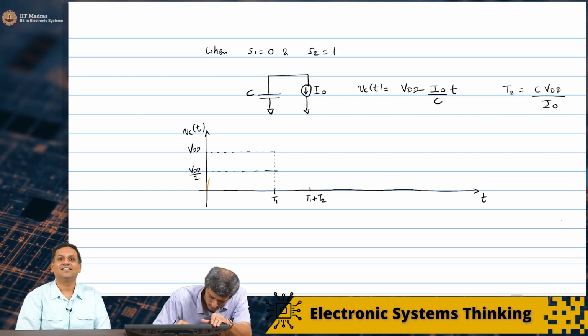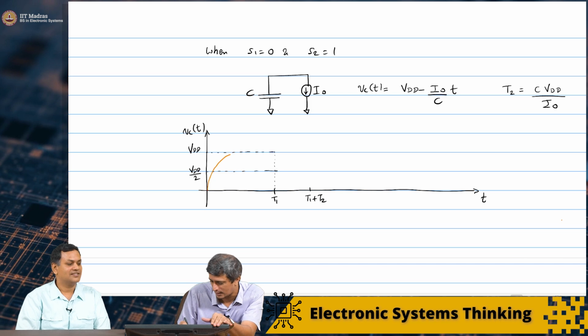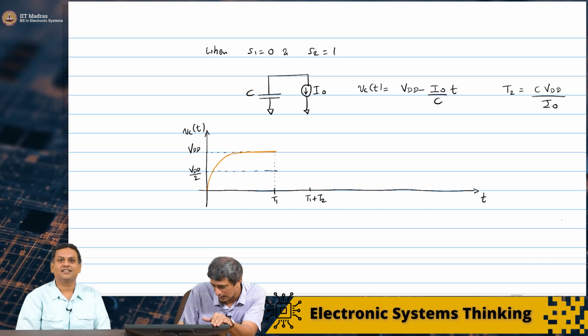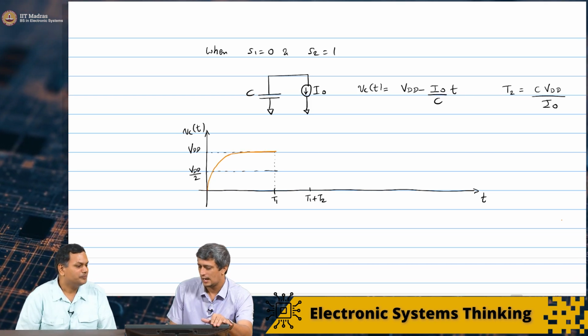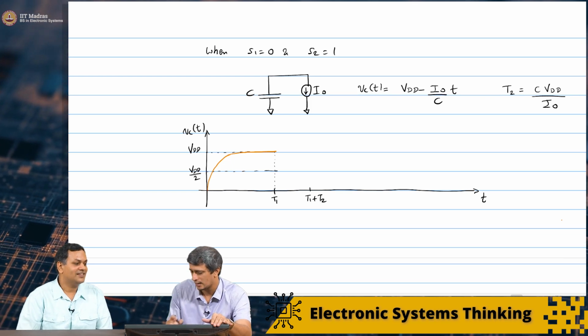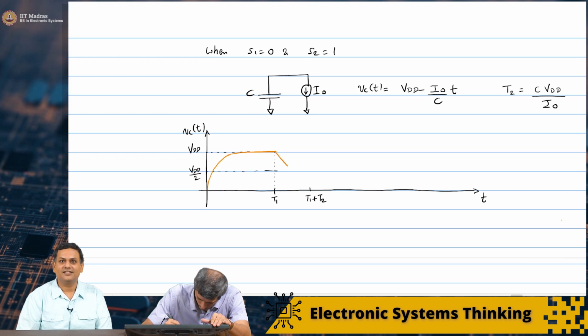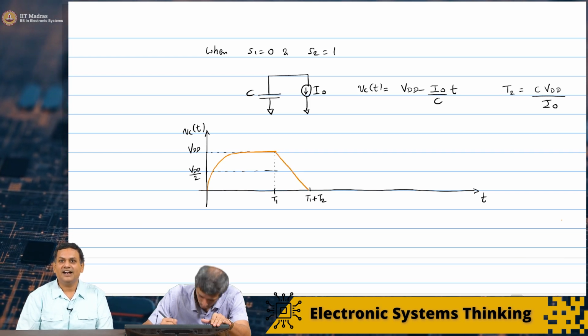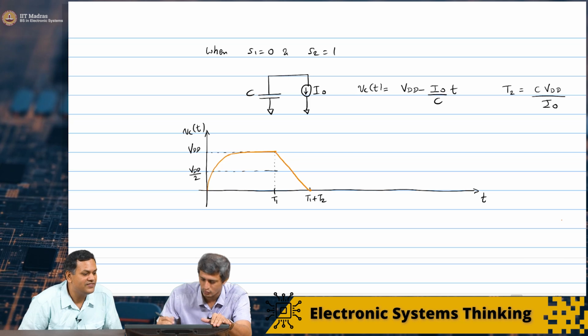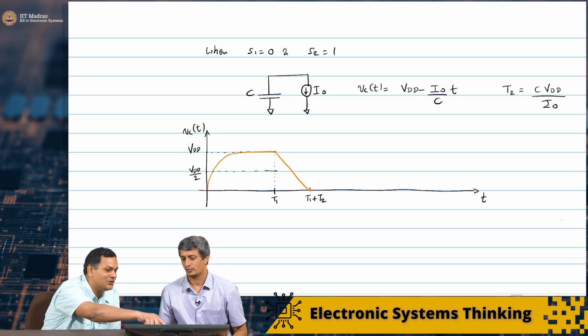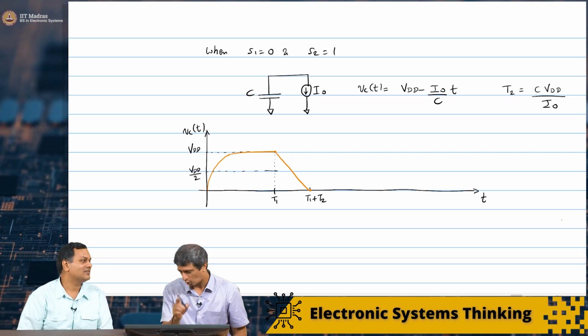It will very quickly charge up, a slightly exaggerated curve right here. Then at T1 you're switching and getting the current source to be active. This will drop linearly with time all the way, and if T2 is CVDD by I0, VC of T will go exactly to 0. It will not go any further.